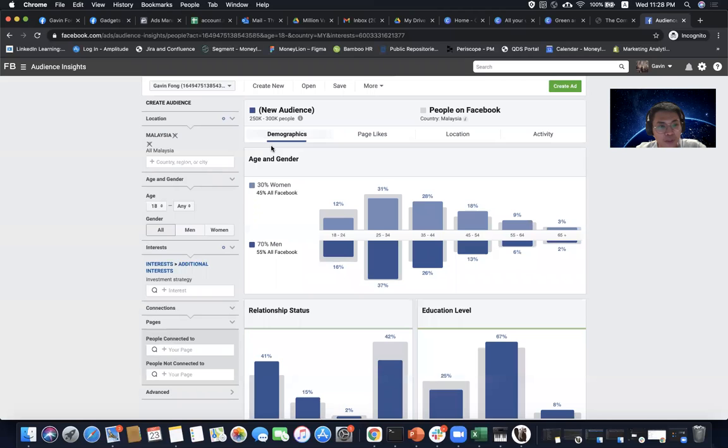And let's go back to the demographic. Another tip that I want to share is, okay, from here we know that our audience has shrunk to about 300K people from all age groups that are interested in investment with this particular keyword. Then we see that the age group from 25 to 34 has the highest percentage, followed by 35 to 44.